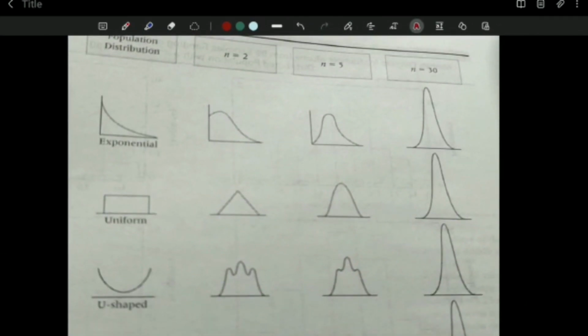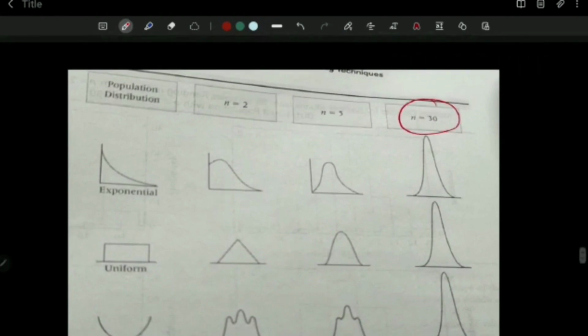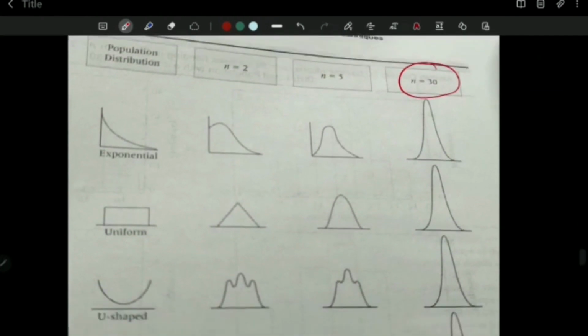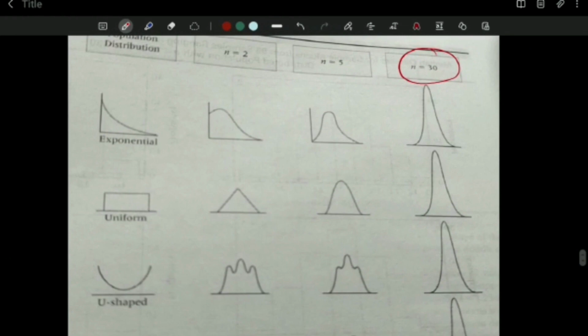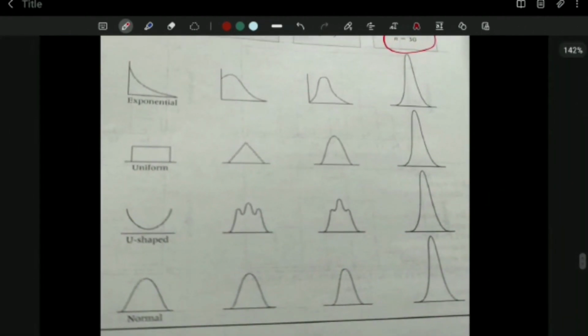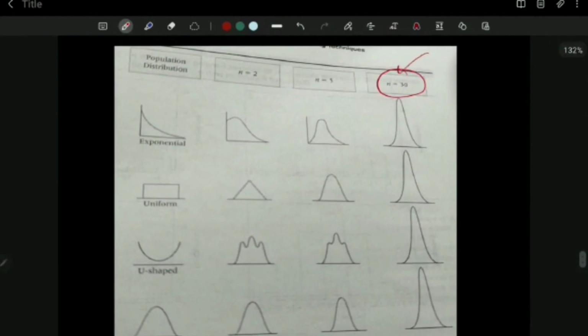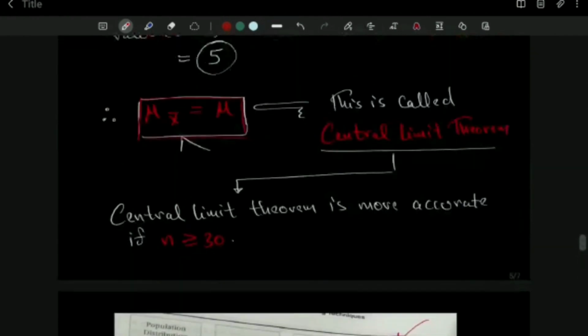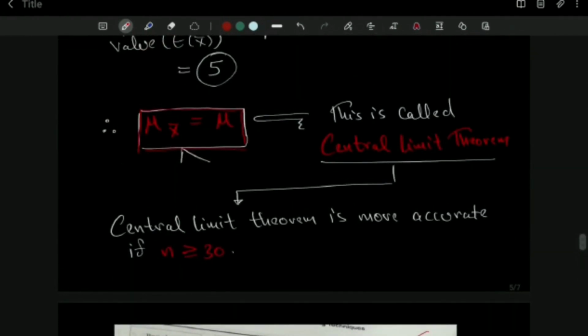We have taken samples from different types of population here, and as the sample size approaches 30, as it comes closer to 30, the dispersion corresponds to the bell shape of the normal curve, irrespective of the type of population. See, when the sample size is equal to 30, we have a similar type of dispersion in the sample means. Due to this reason, it is said that the sample size should be sufficiently large.